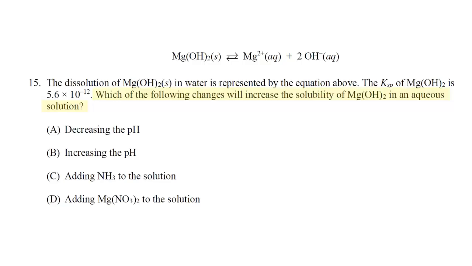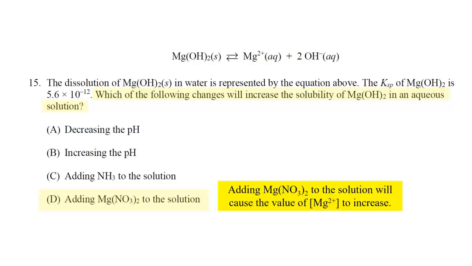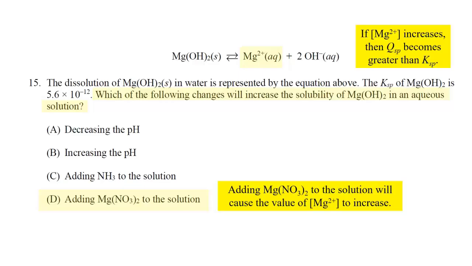Choice D says adding magnesium nitrate to the solution. Well, adding magnesium nitrate would result in an increase in the concentration of magnesium ions. And if the concentration of magnesium ions increases, then QSP becomes greater than KSP.